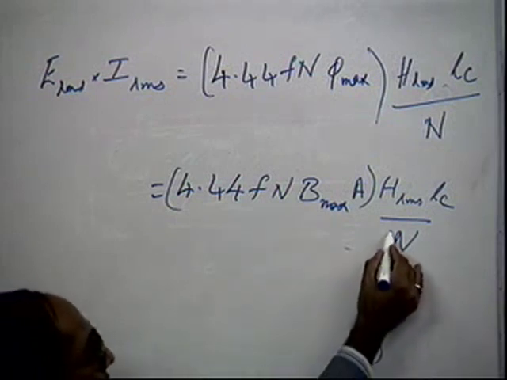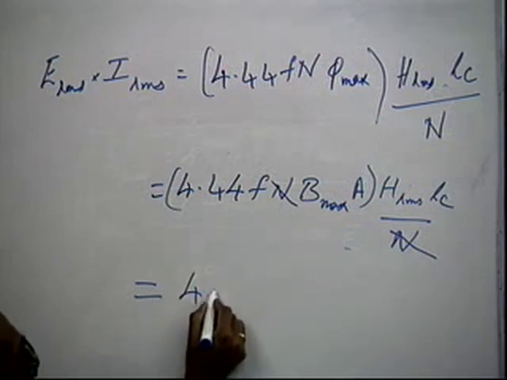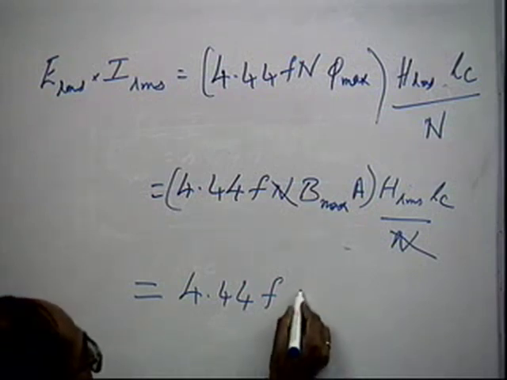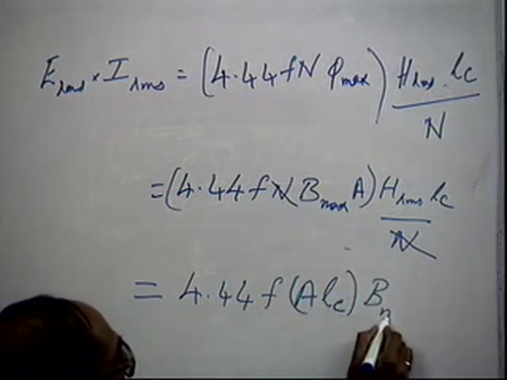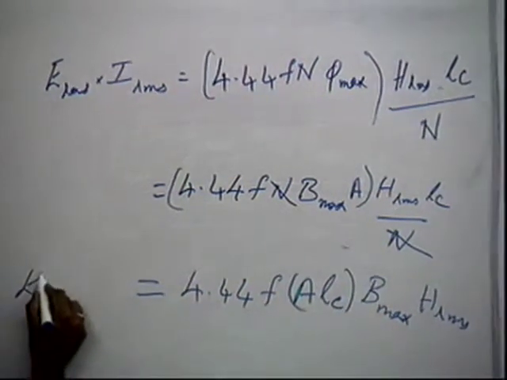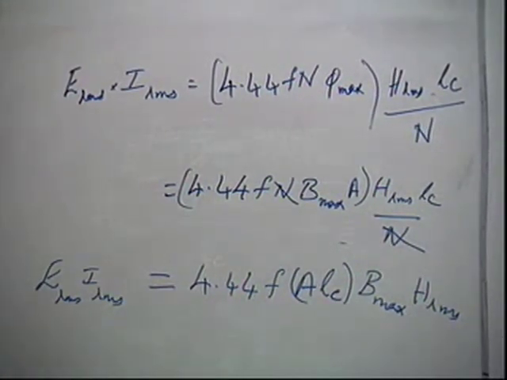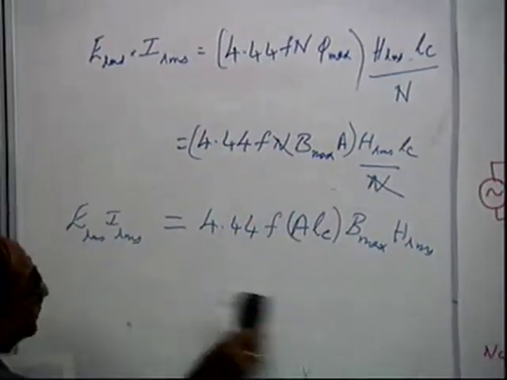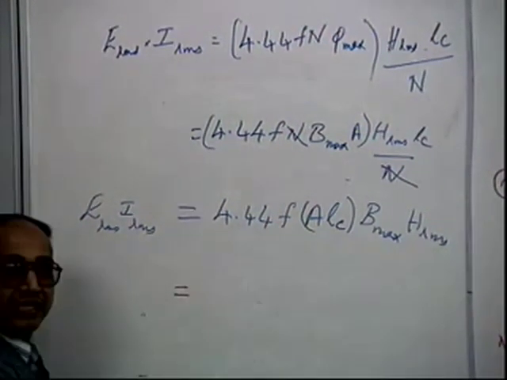Okay, so this will be equal to 4.44 F into A LC into B max H RMS. This is E RMS I RMS. So what is A into LC?